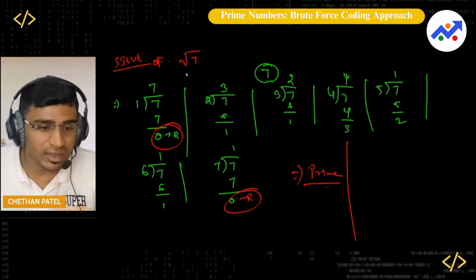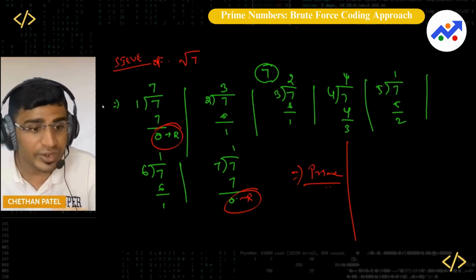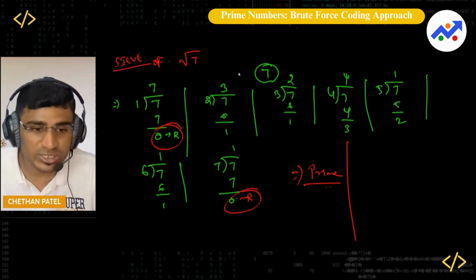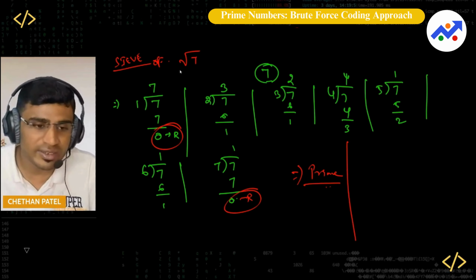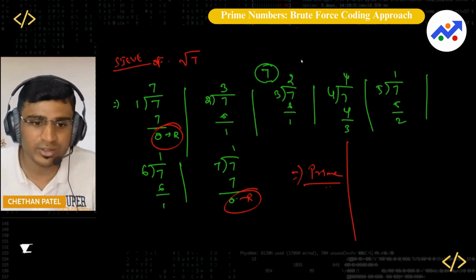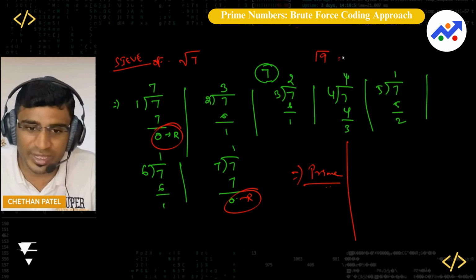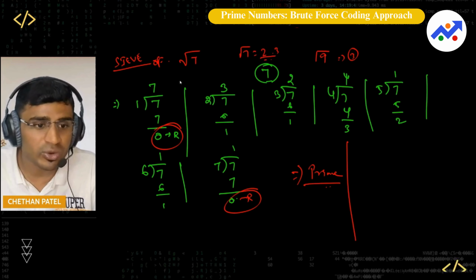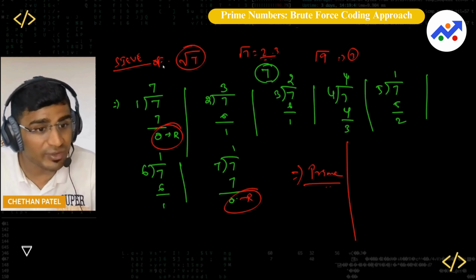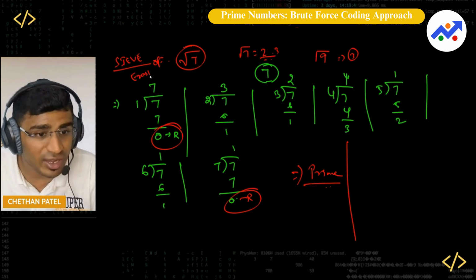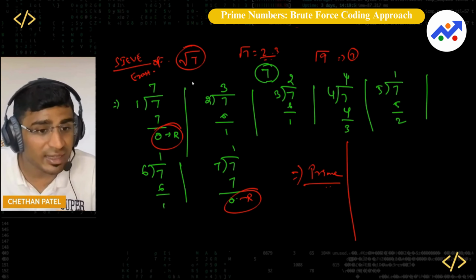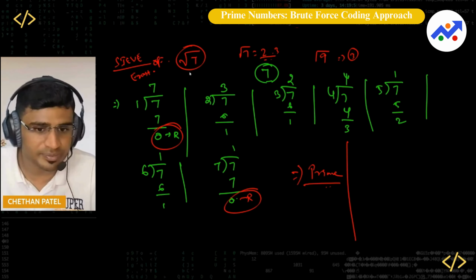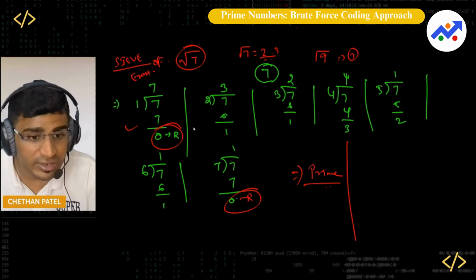Here we need to do 7 iterations. Root 7 is almost just 2 steps, because root 9 is itself 3, and root 7 is 2 point something. So in 2 iterations itself, using the sieve algorithm, I can say whether 7 is prime or not. But here I need to run 7 iterations.